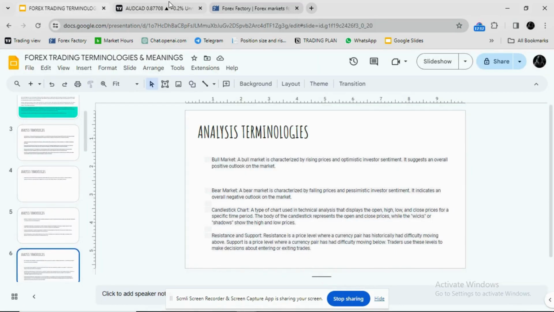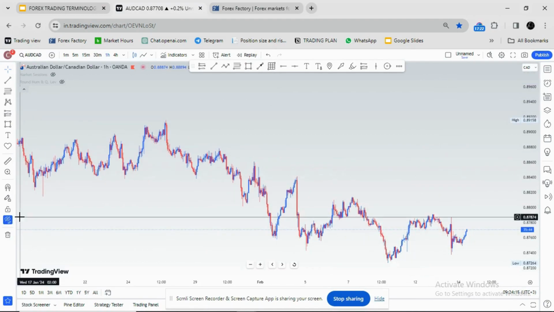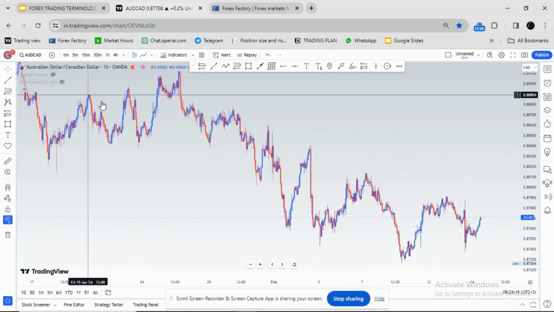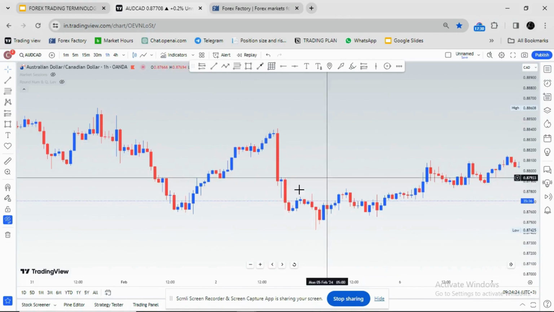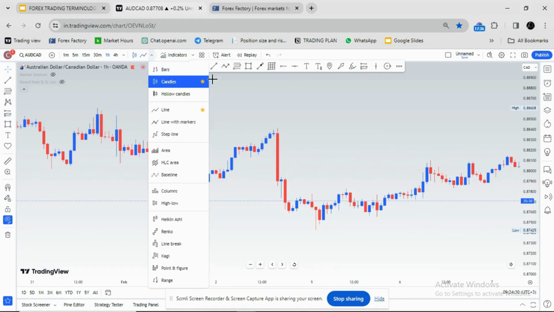After that, I've mentioned something about a candlestick chart. So there are various types of charts. Let me hide my drawing instrument. All of these are candlestick charts, because if you look carefully, this looks like a candle. So we have candlestick charts.